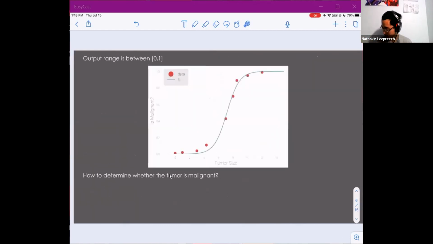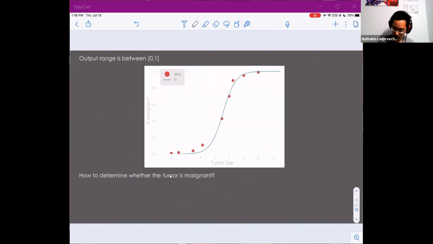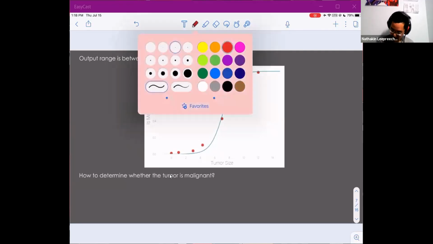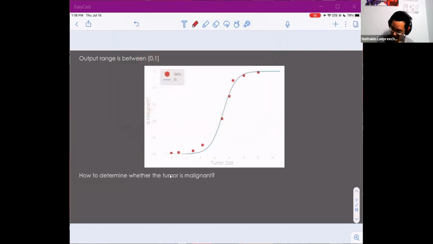And let me see. So yeah, let's see some examples. Suppose we are given the data, so ignore the graph first. Suppose you are given data that looks like this. We only have data that says the tumor size.